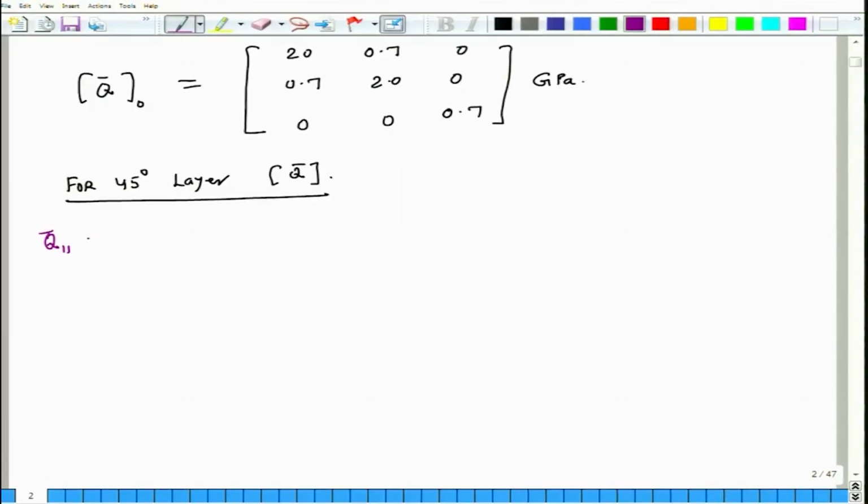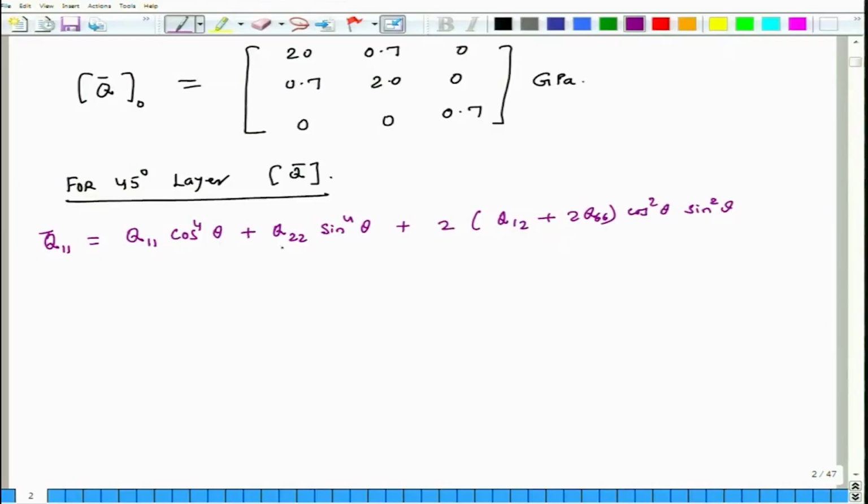Q11 bar is Q11 cosine 4 theta plus Q22 times sine 4 theta plus 2 times (Q12 plus 2 Q66) cosine square theta sine square theta, and theta is 45 degrees.